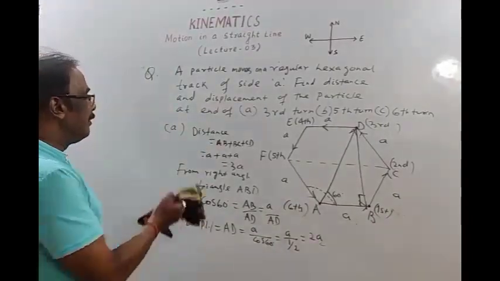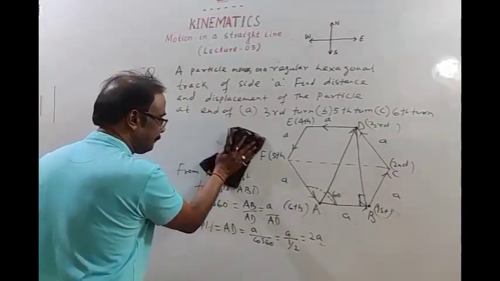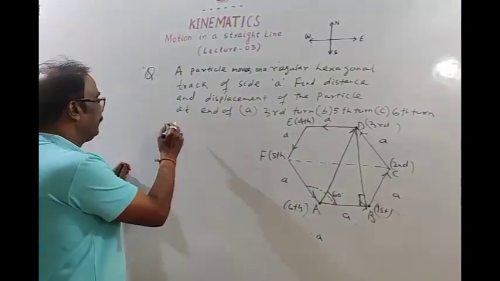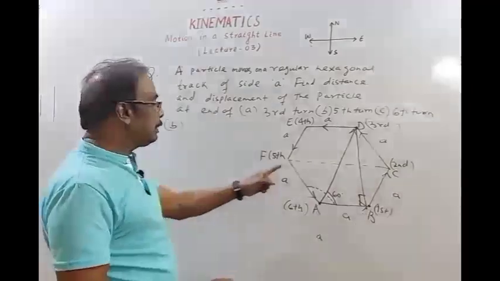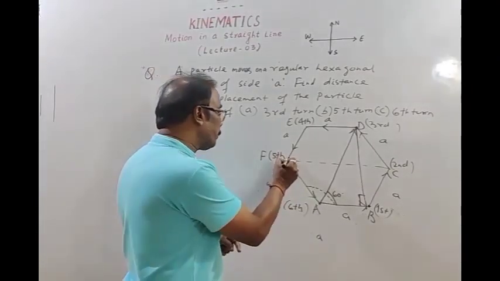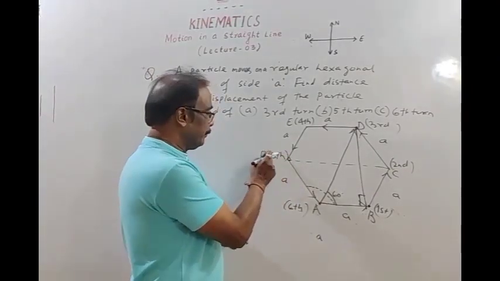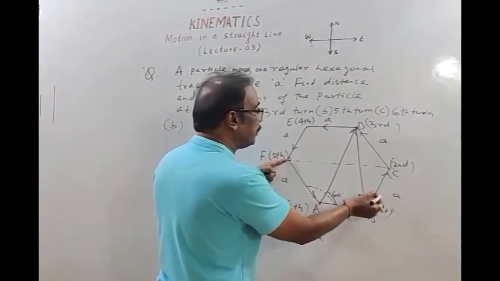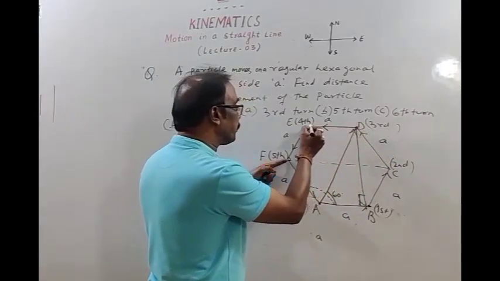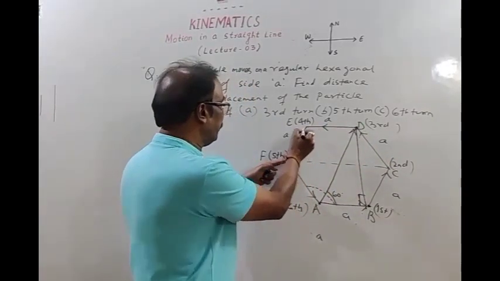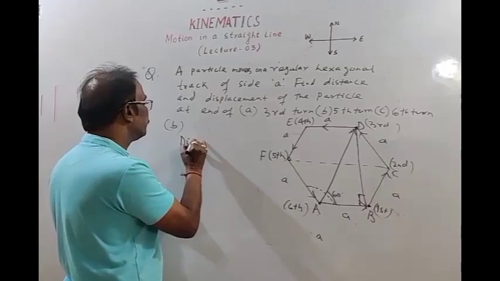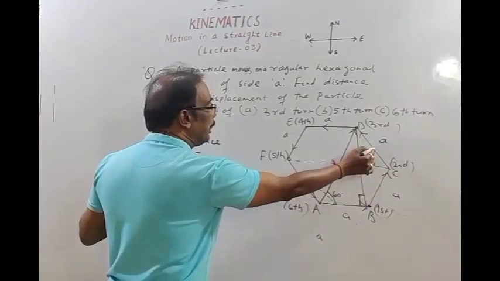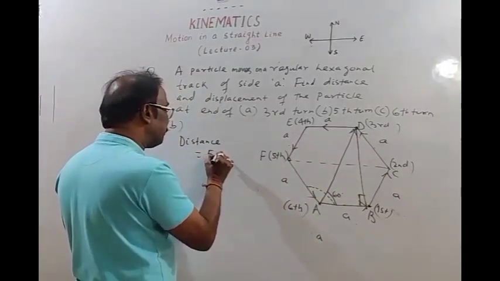Then part B, at the end of fifth term. See, this is the fifth term. To reach the fifth term, the particle has traveled from A to B, then from B to C, then from C to D, then from D to E, then from E to F. Then distance: total path length is a plus a plus a plus a plus a, which means 5a.